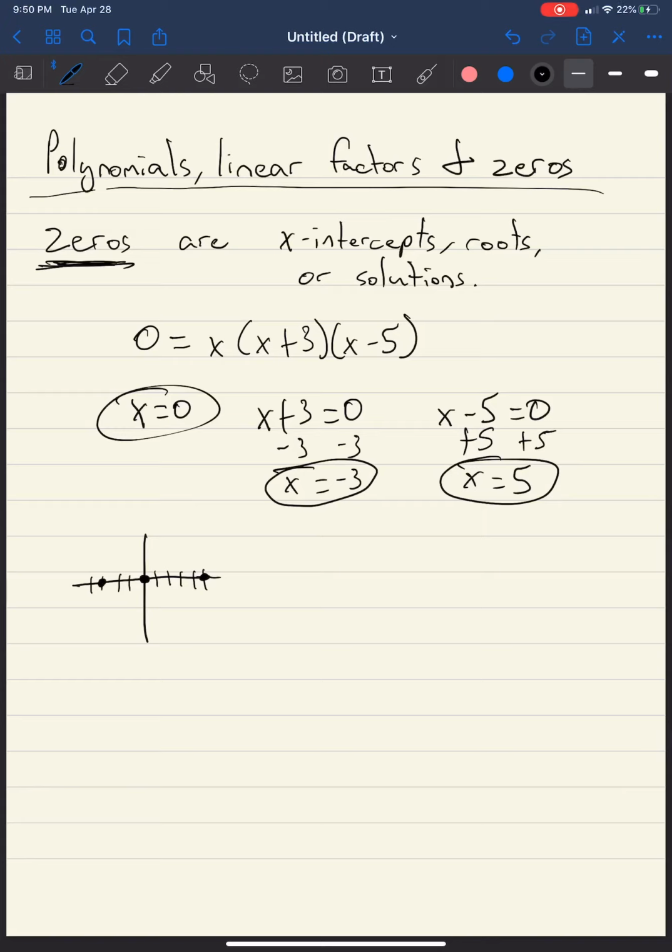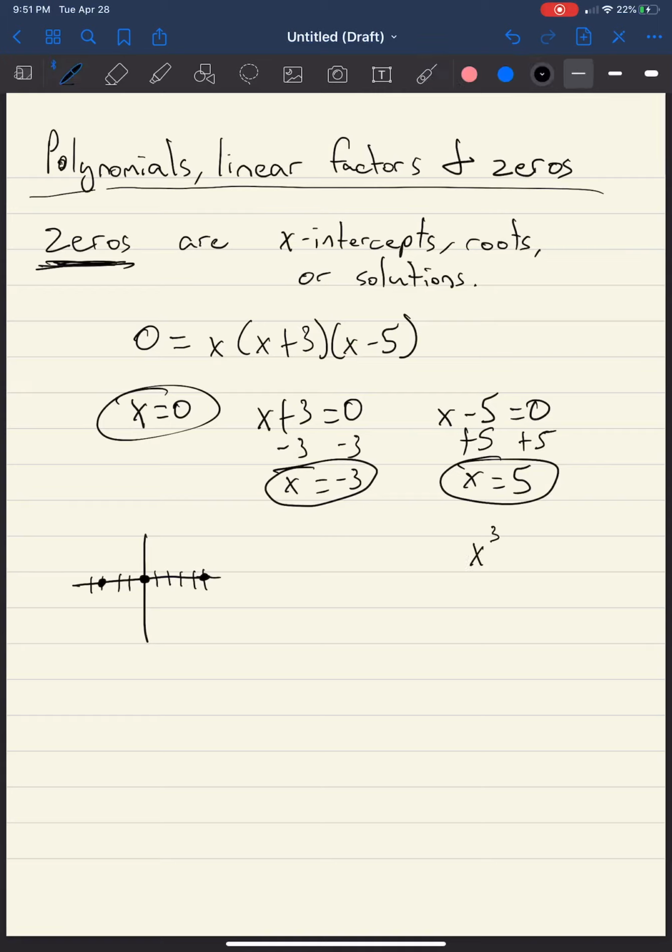We can look at our already factored form. The first thing I want to do is find my degree. If I multiplied everything together, I would have x times x times x. So x times x is x squared, times x is x to the third.